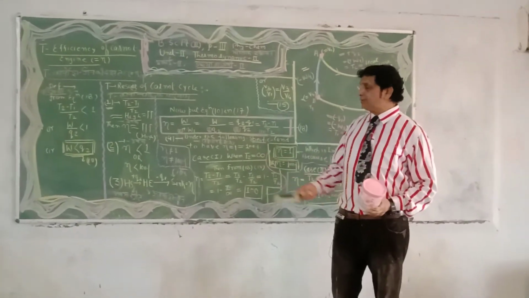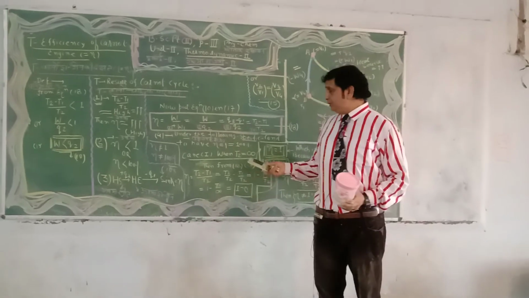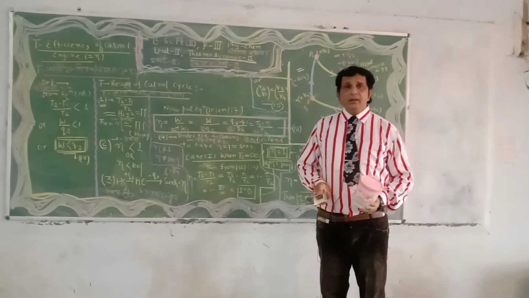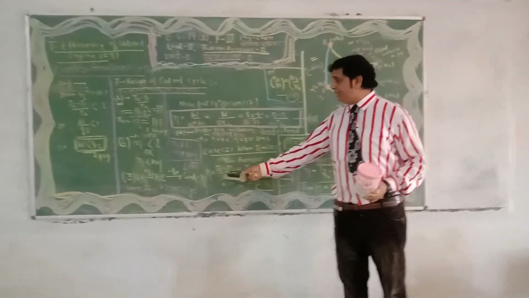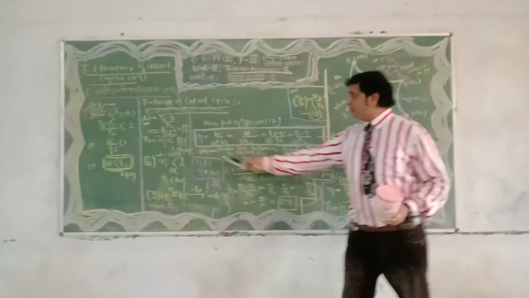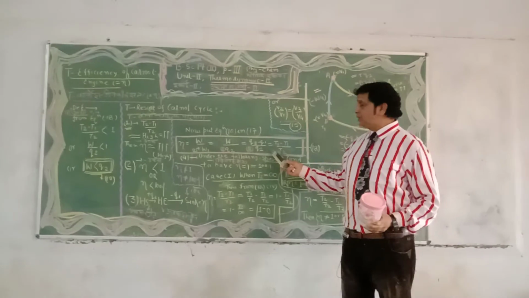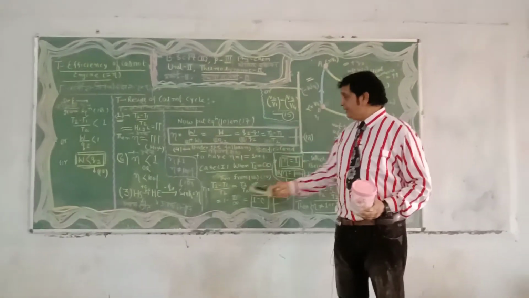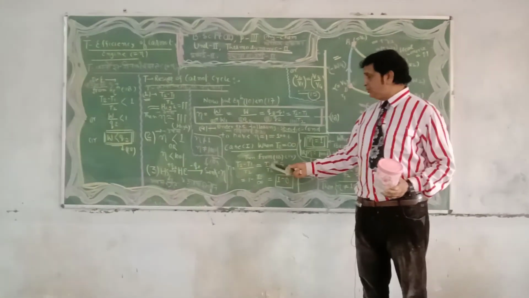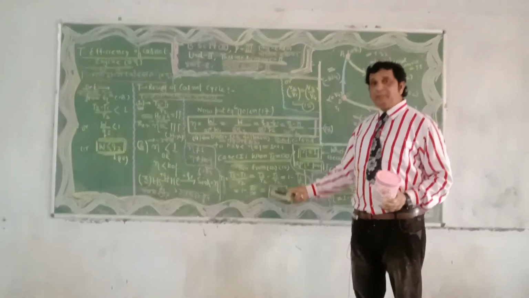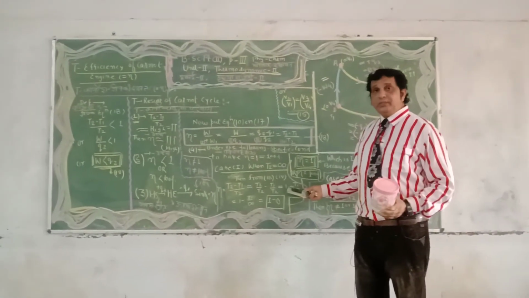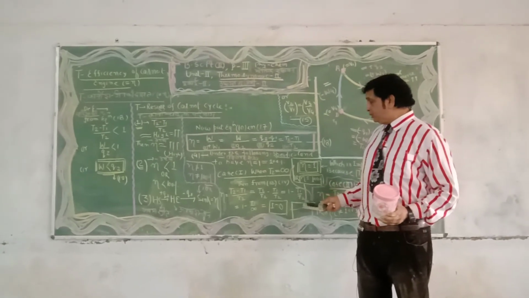Suppose T2 is equal to infinity. When T2 is equal to infinity, then on solving from equation 18, eta is equal to T2 minus T1 upon T2, which is equal to T2 upon T2 minus T1 upon T2. T2 will be cancelled by T2, and we have the rest value: 1 minus T1 upon T2.